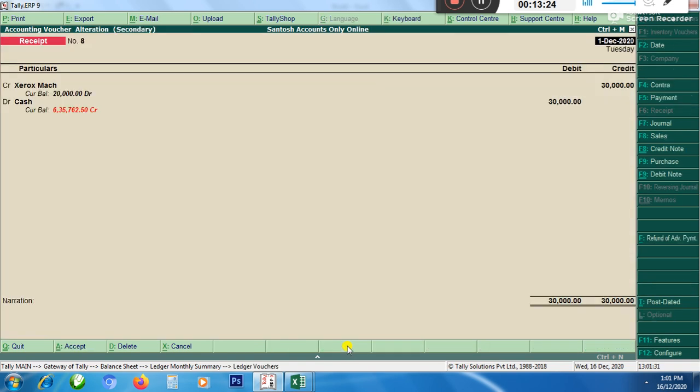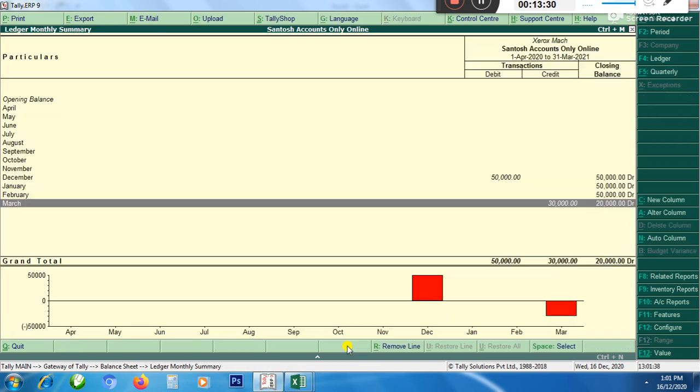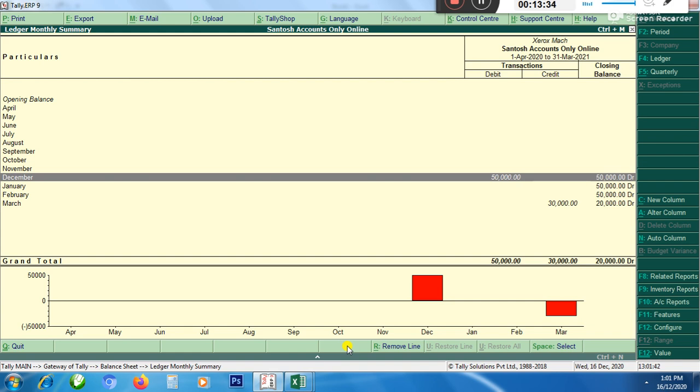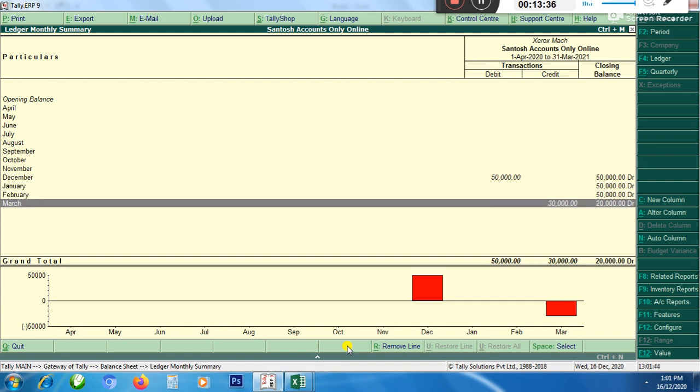I'll change the date of the receipt to 1st of March, when we sold it. Now the Xerox machine purchase of 50,000 is credited by the sale of 30,000. Right now there is no Xerox machine in the business.